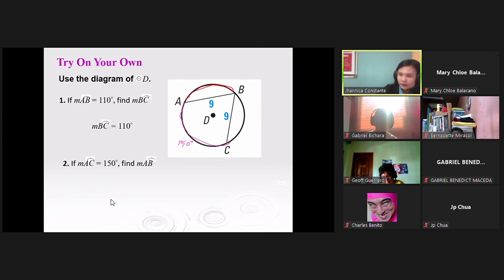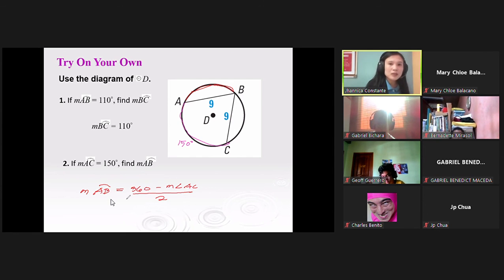This arc. So to find the measurement of arc AB, we can use: the measurement of arc AB is equal to 360 minus the measurement of arc AC, divided by 2.